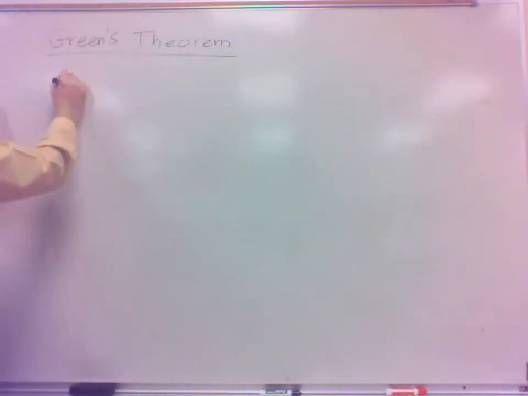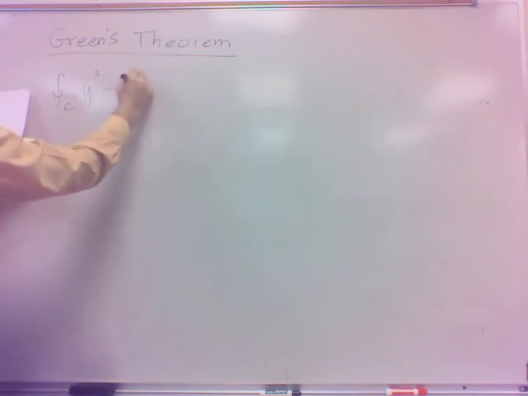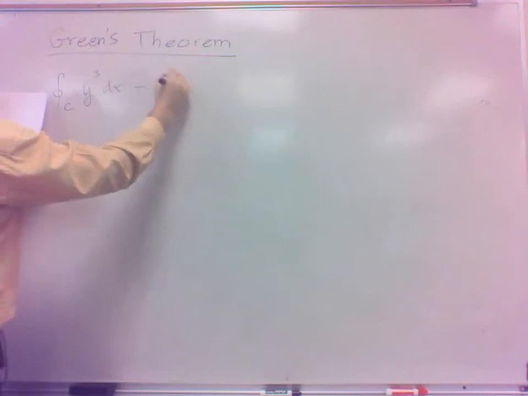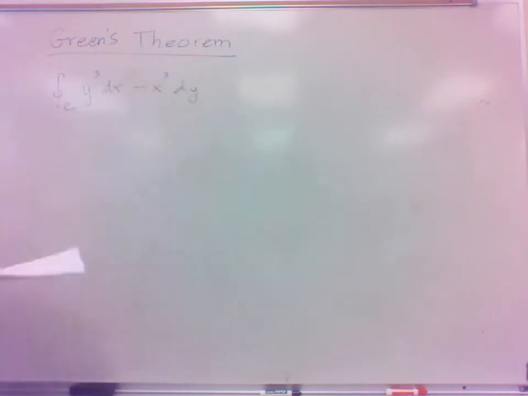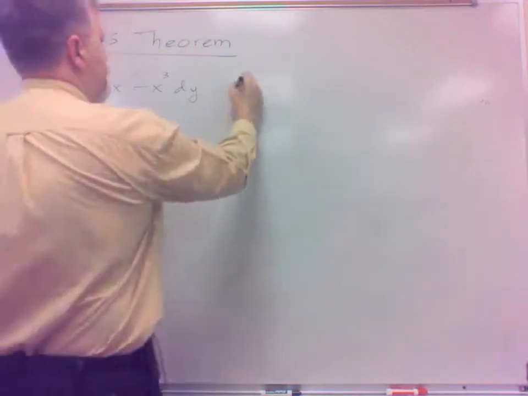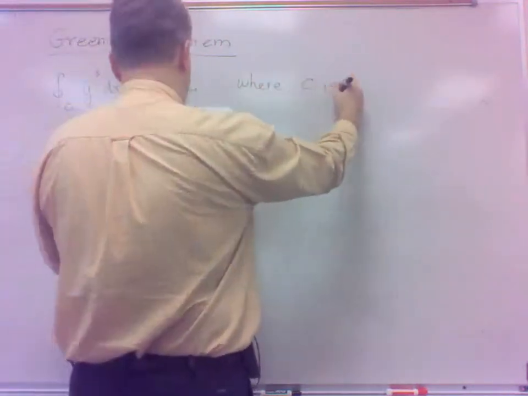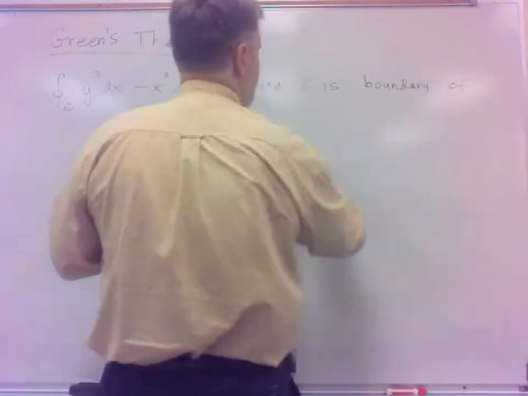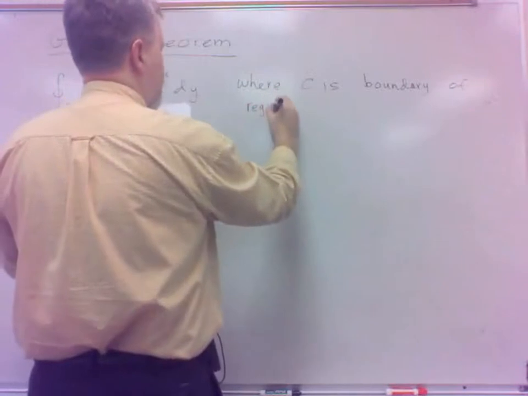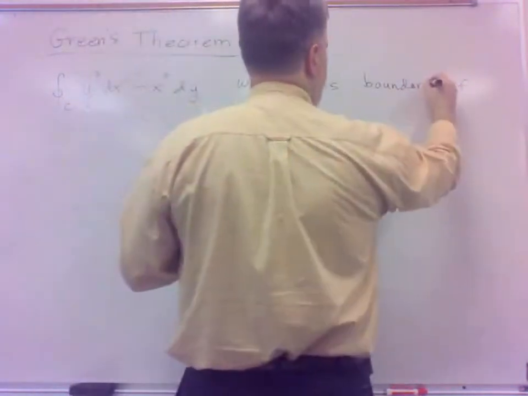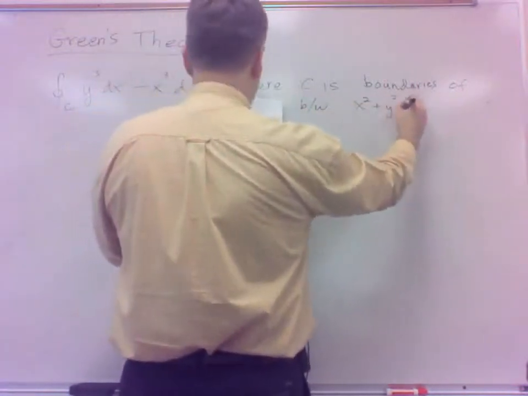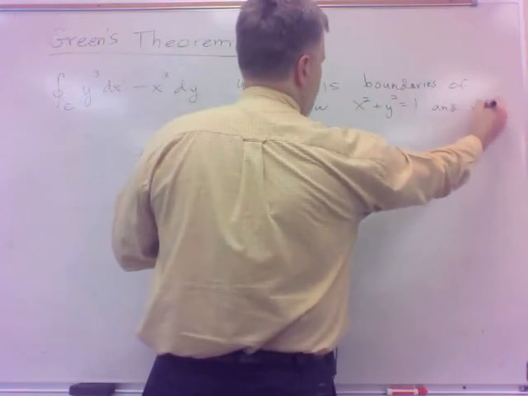Let's just do, to make it kind of quick here, the same basic line integral we had before, but where C is the boundary of the region between x squared plus y squared equals 1 and x squared plus y squared equals 4.